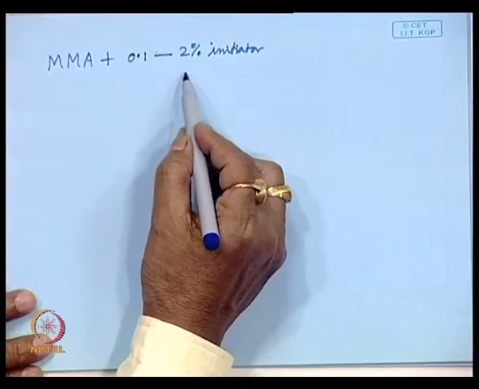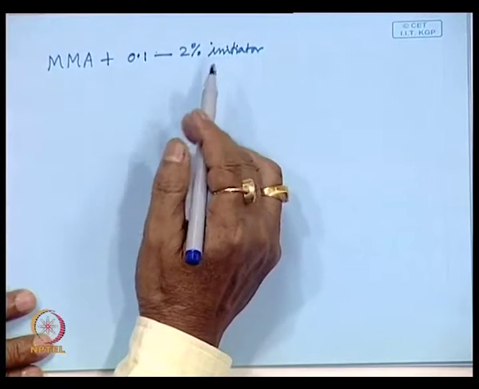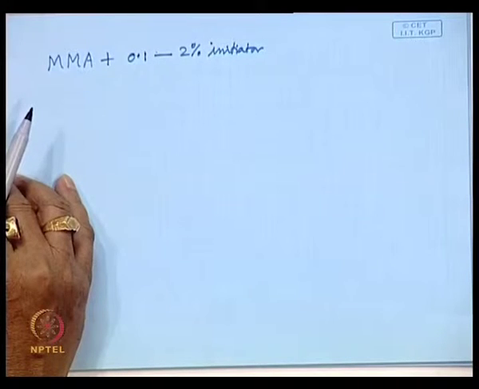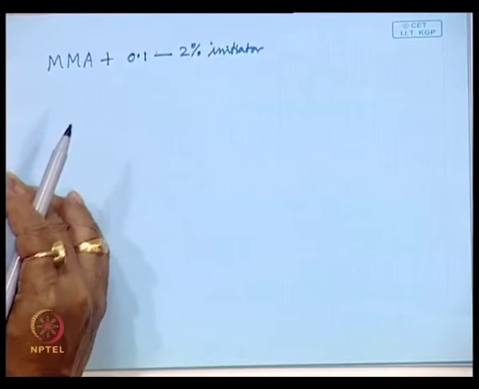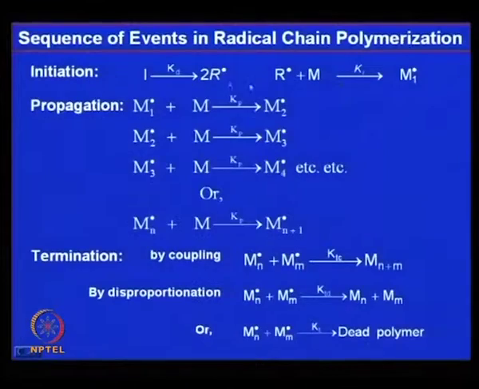Now, how many molecules are there in that 0.5 gram? A few of those molecules will break initially, or slowly they can break depending on the availability of bond breaking energy from the thermal source. So, simultaneously a large number of initiator molecules can decompose into free radicals and a large number of initiated monomers will be formed.